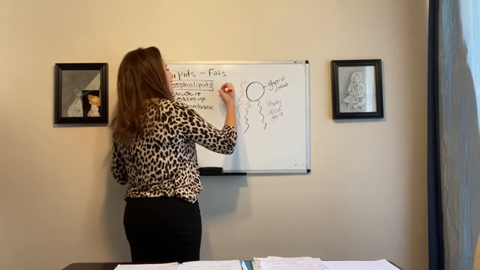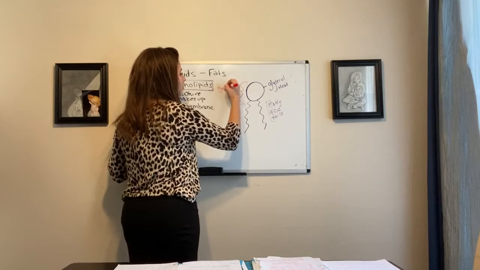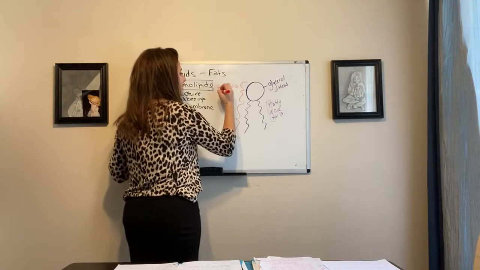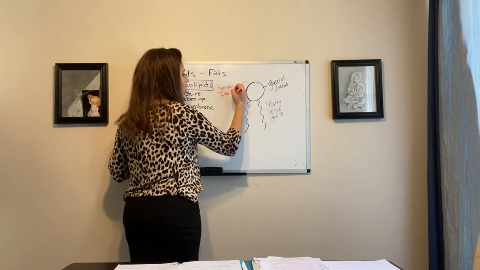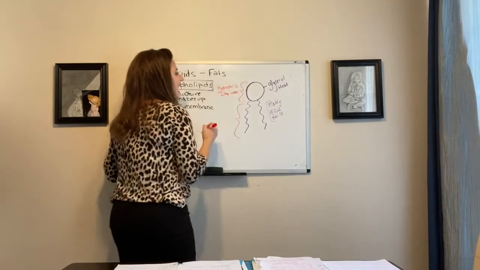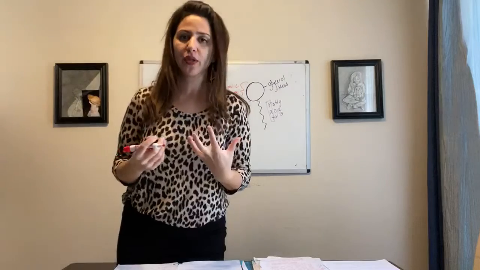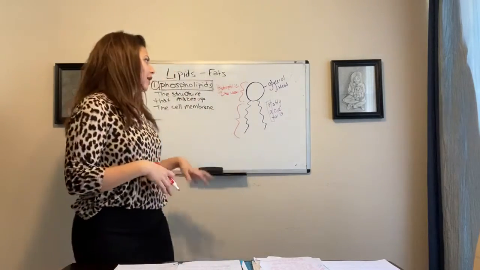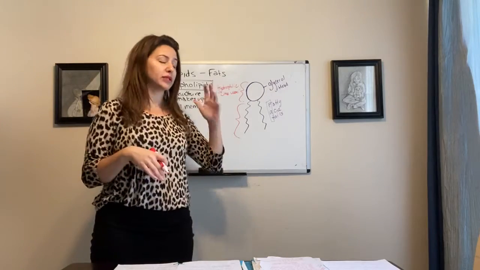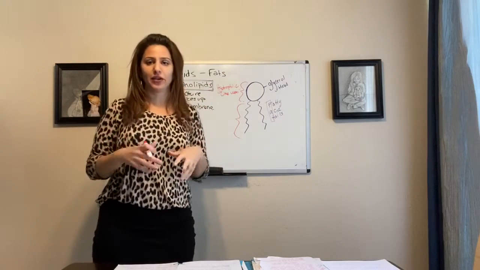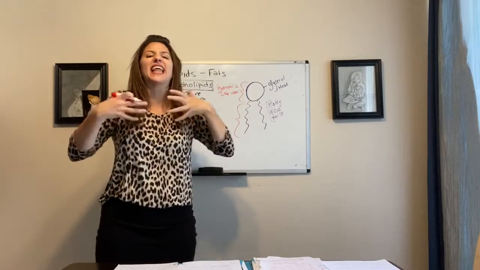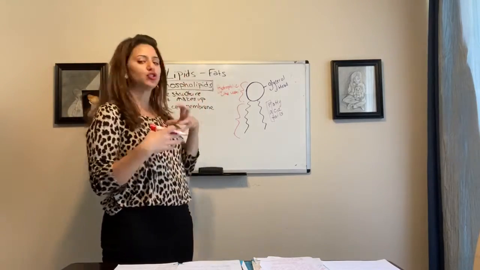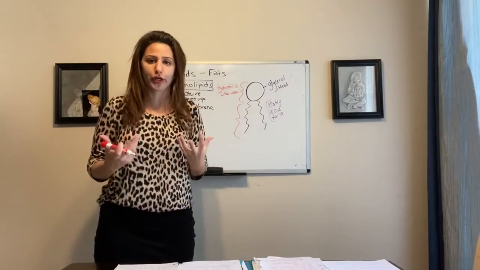Now, the glycerol head we call hydrophilic, which means that they like water. Hydro is water. A phile is something that likes something else, okay? And we're going to talk about that hopefully this year. Extremophiles, right? They're types of organisms that like very extreme environments, okay? Hydrophile is something that likes water, right?